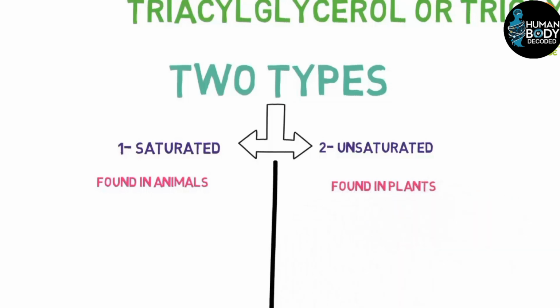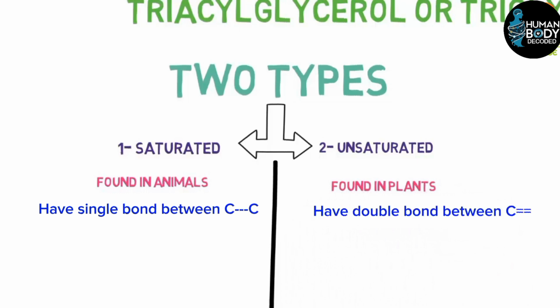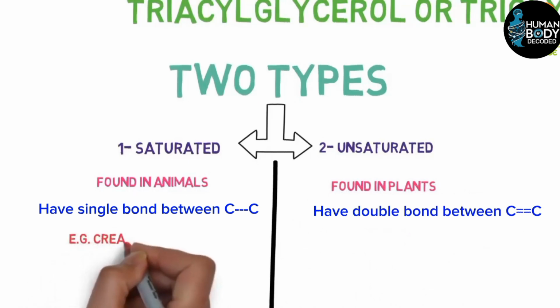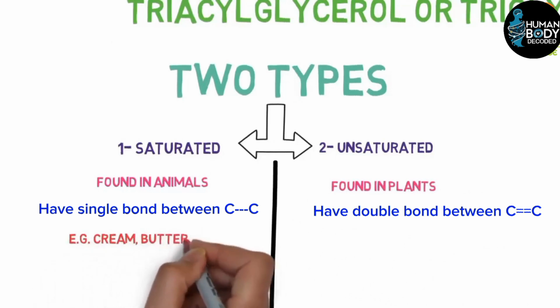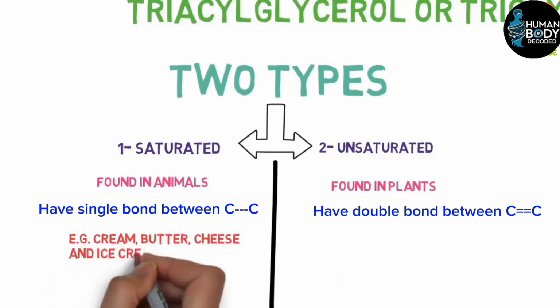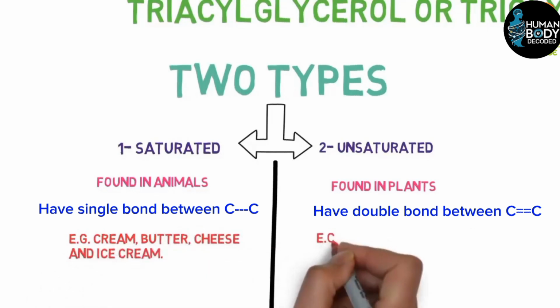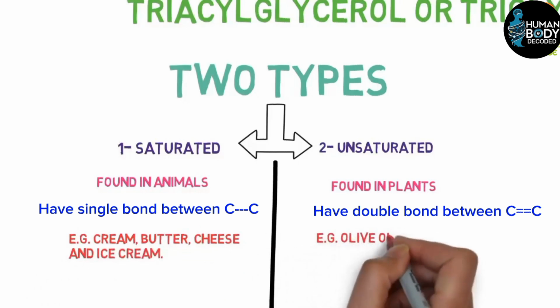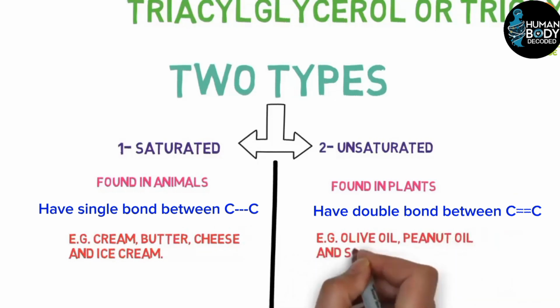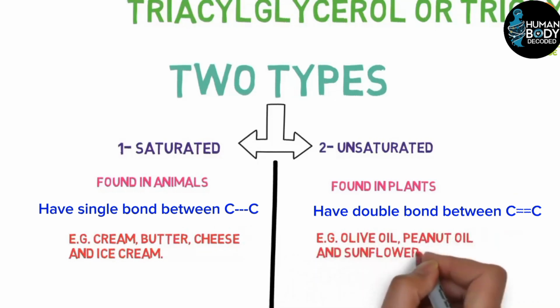Saturated acylglycerol have single bonds between carbon atoms, whereas unsaturated acylglycerol contain double bonds between carbon atoms. If we consider examples, saturated acylglycerol are found in products like cream, butter, cheese, and ice cream. Examples of unsaturated acylglycerol include olive oil, peanut oil, coconut oil, and sunflower oil.